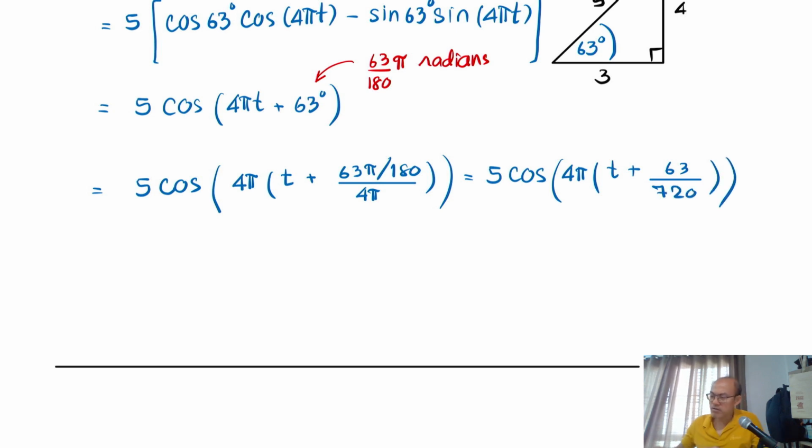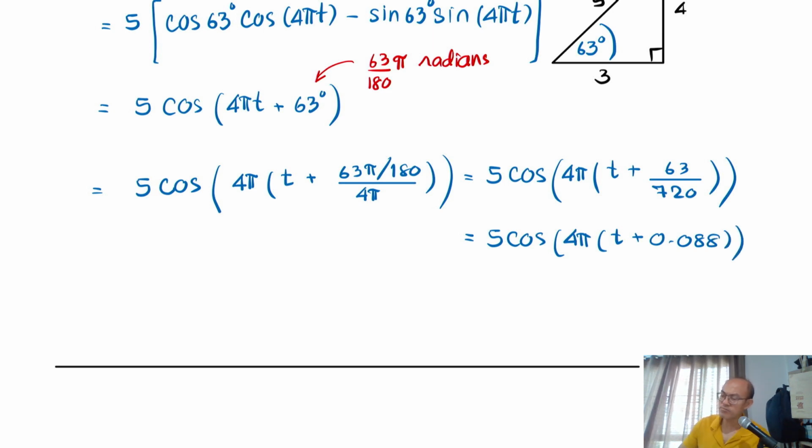Let's use my calculator. 63 over 720. That's about 0.0875. So that is 5 cosine of 4 pi t plus 0.088.